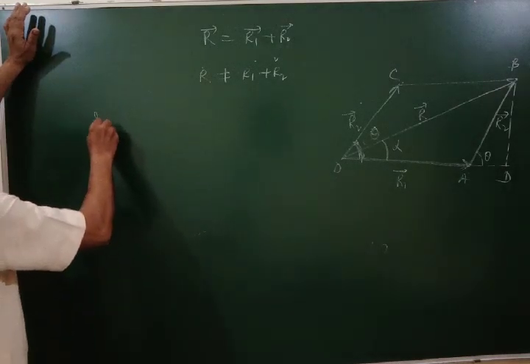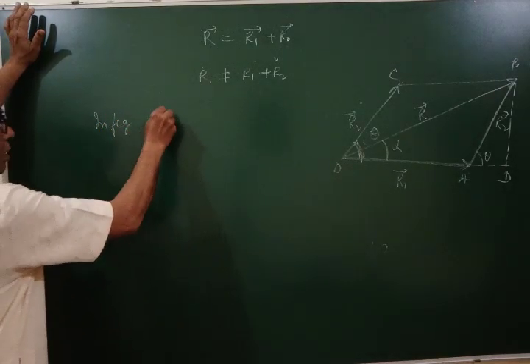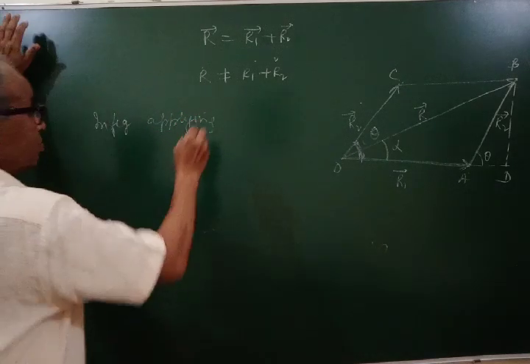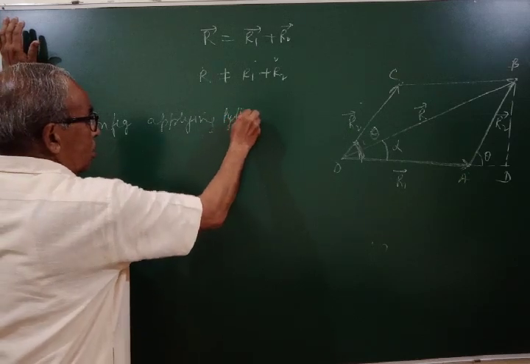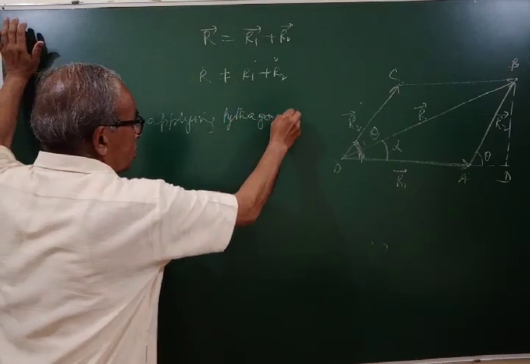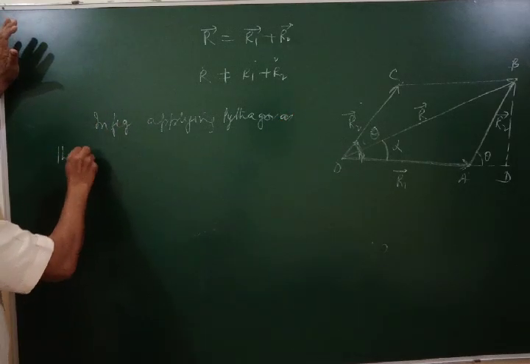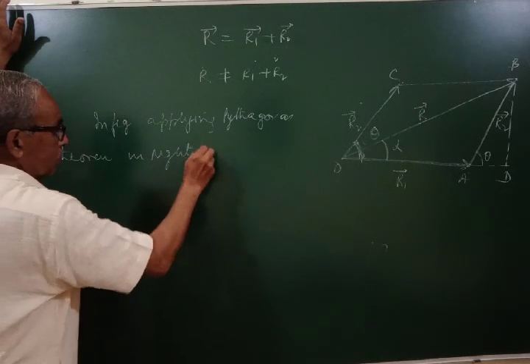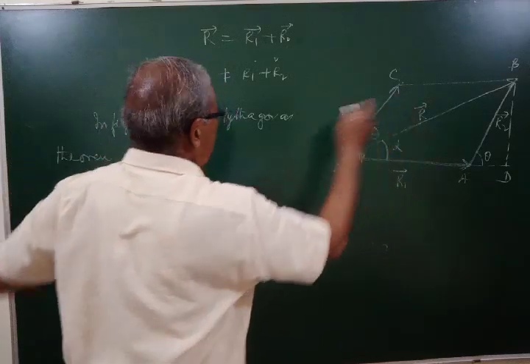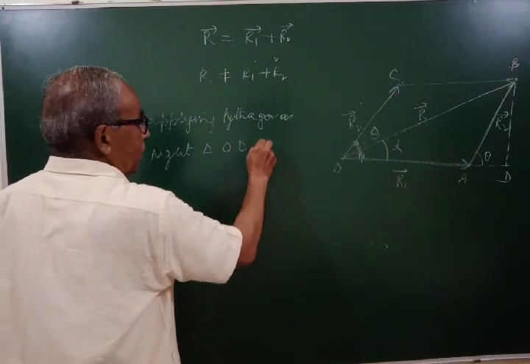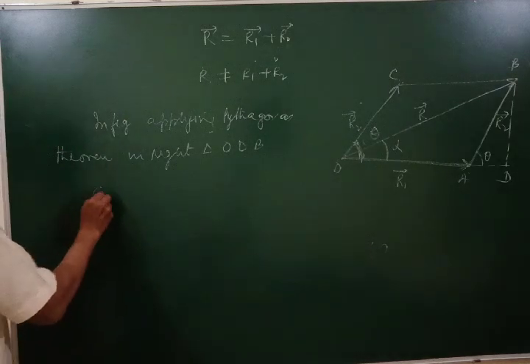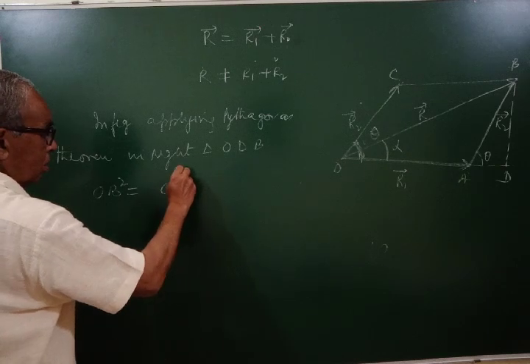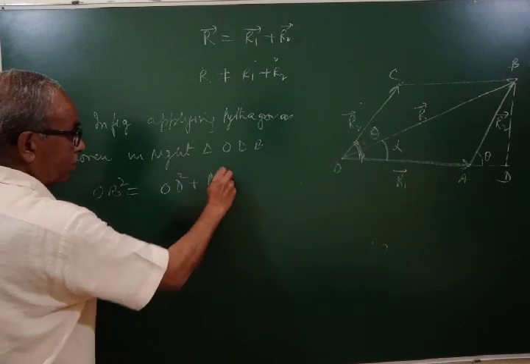Now in the figure, applying Pythagoras theorem in right triangle ODB, OB square is equal to OD square plus BD square.